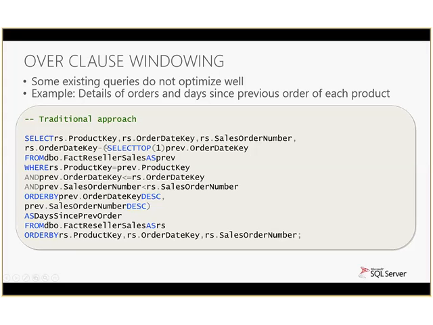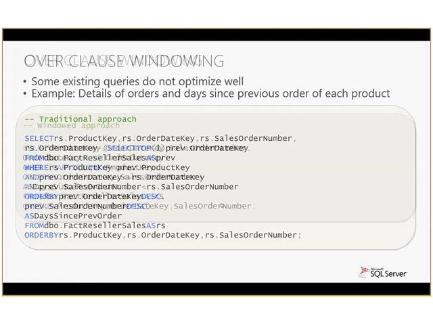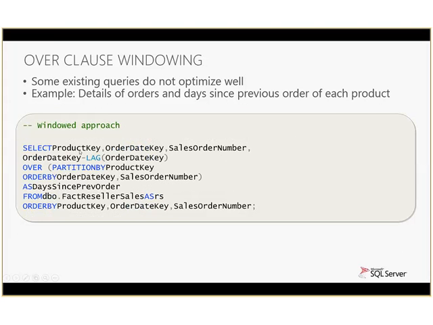Yes, there's a query here. Where product key, order date, sales order number, order date key, sales order number, right? So now what we can do is we can say, all right, give us the product key, order date key, sales order number, order date key minus the lag. So the lag just means the previous. There's a lead which says get the next, partition by order key.